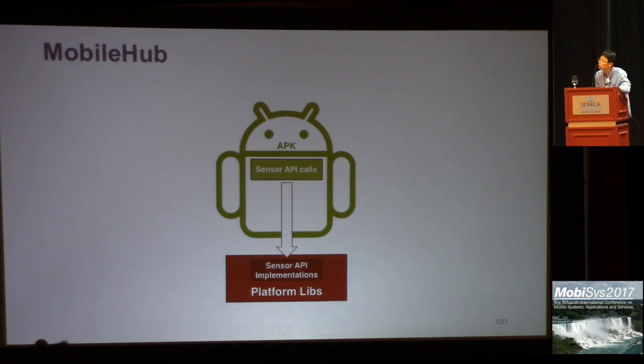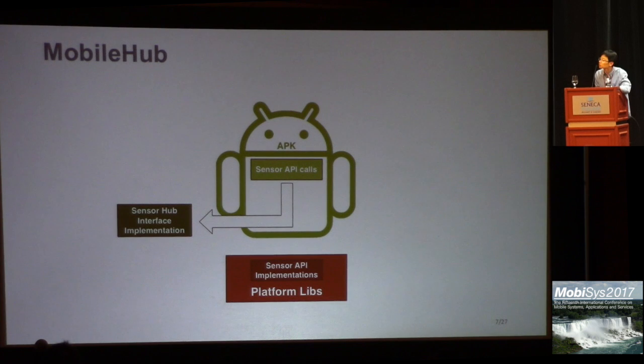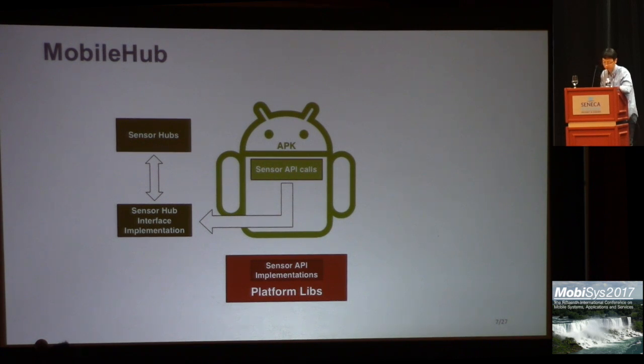If we use MobileHub, it intercepts all sensor API calls and executes a sensor hub interface implementation. Now it uses sensor hub hardware to provide energy efficient sensing. As you can see, MobileHub also intercepts platform API calls and executes different implementations.